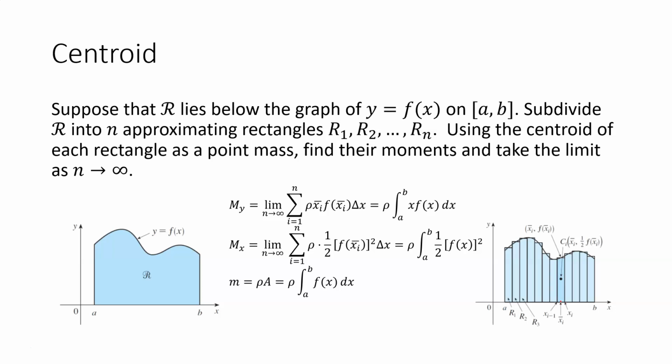So it'll be located in the midpoint between x_{i-1} and x_i. Denote that by x̄_i. And the y-coordinate would be halfway between 0 and f(x̄_i), so it's 1/2 f(x̄_i). So here the center of mass is located at (x̄_i, 1/2 f(x̄_i)).